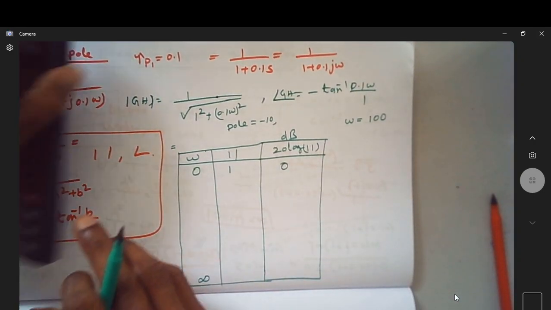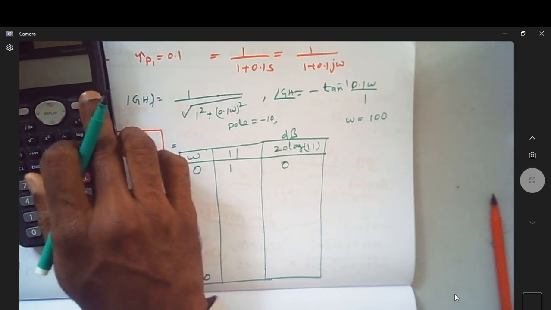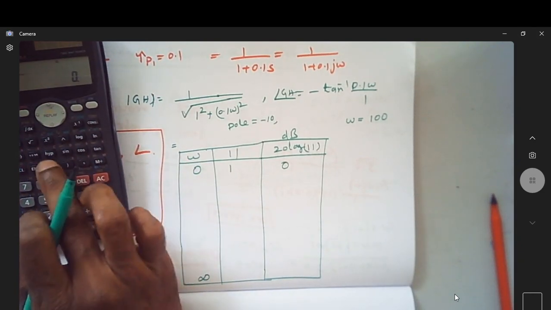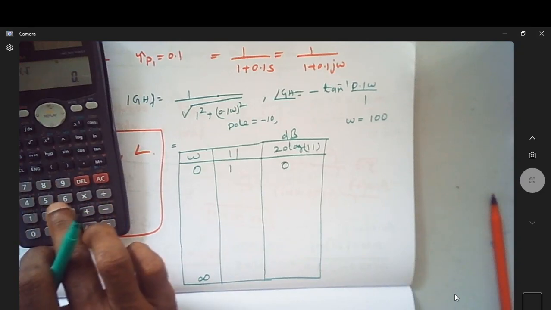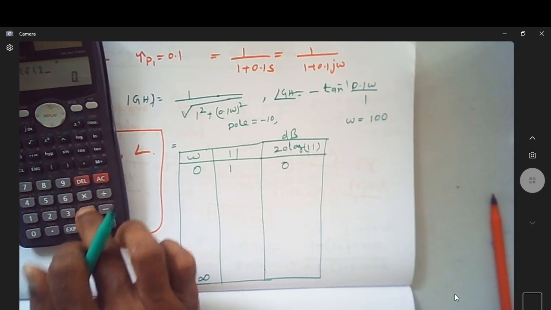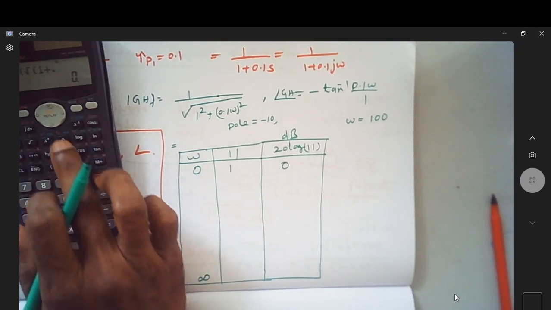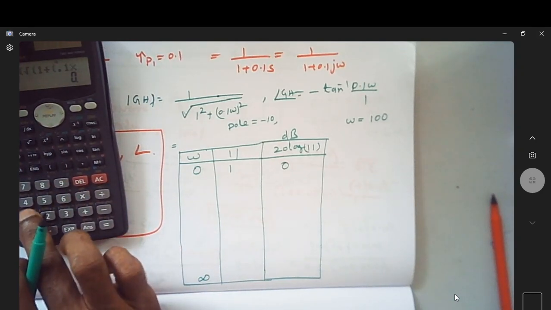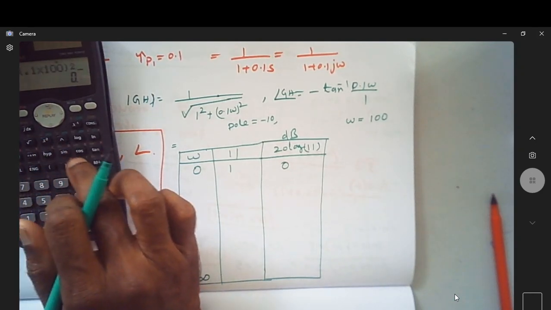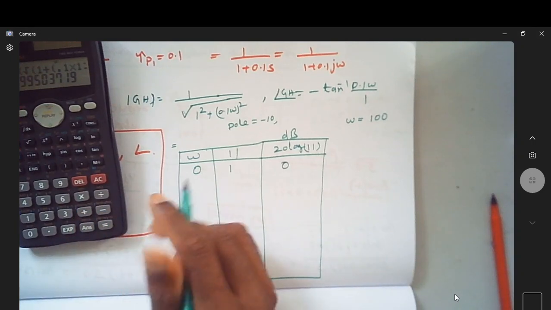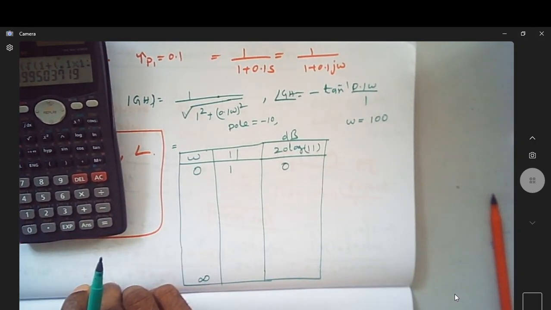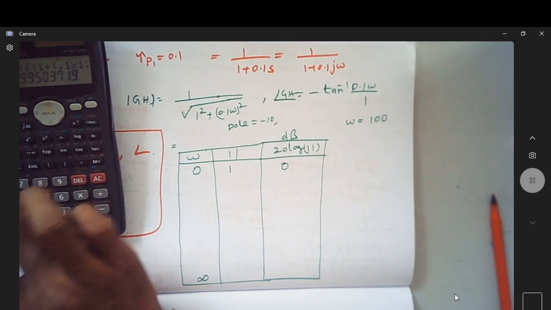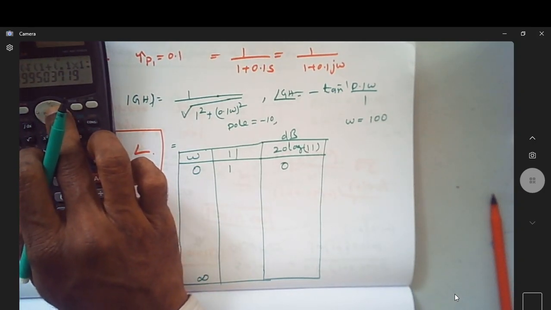So if it is 100, 1 divided by under root of 1 plus 0.1 into 100 whole square.